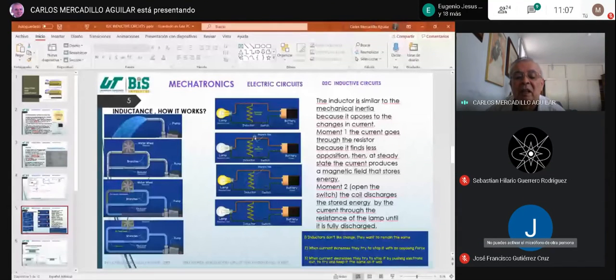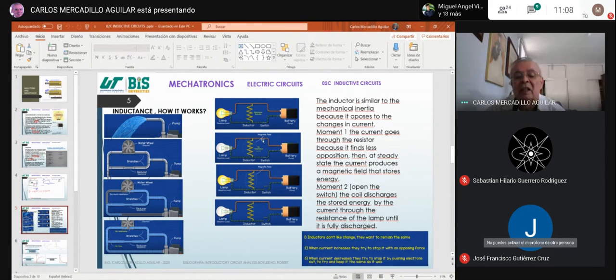In that moment, there is no opposition at all. So there is less opposition in the inductor than in the lamp. The lamp has a resistor inside, it's like a filament. So the current prefers to go through the coil, and there will be no light on the lamp.